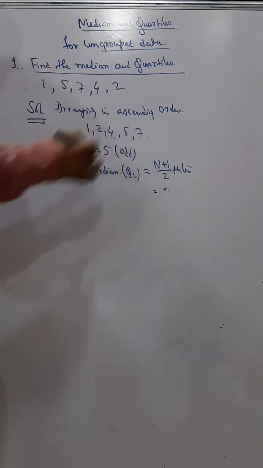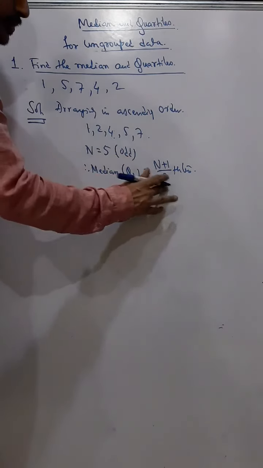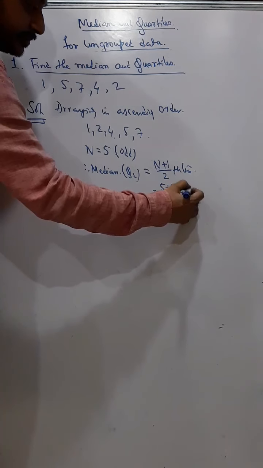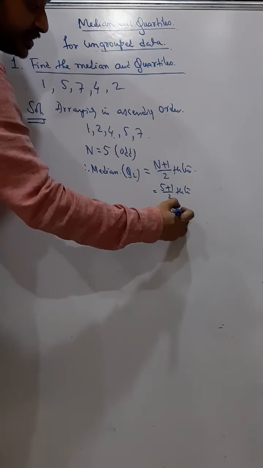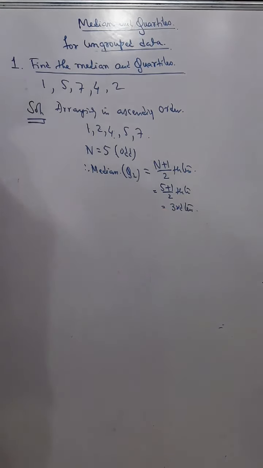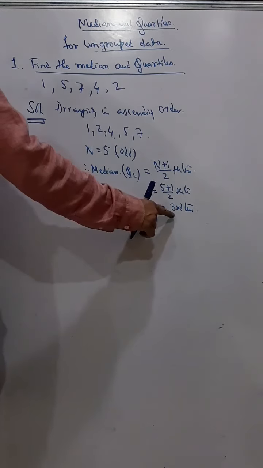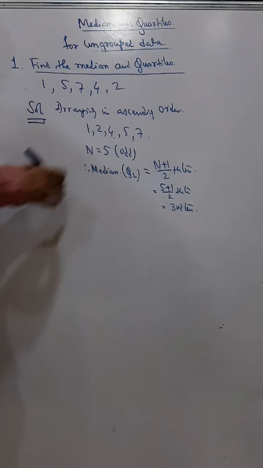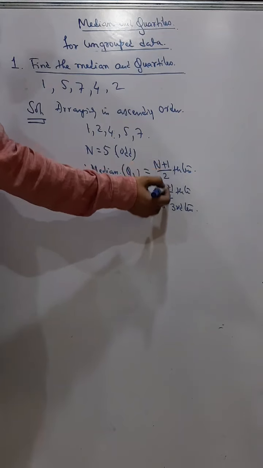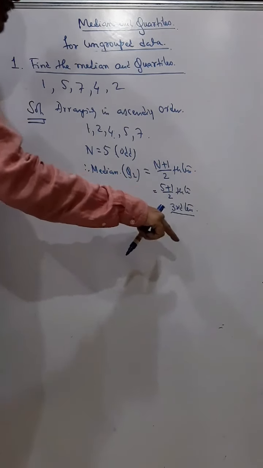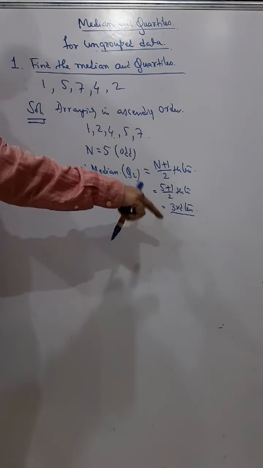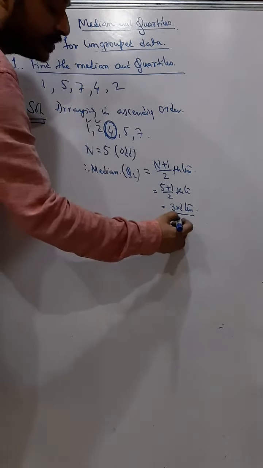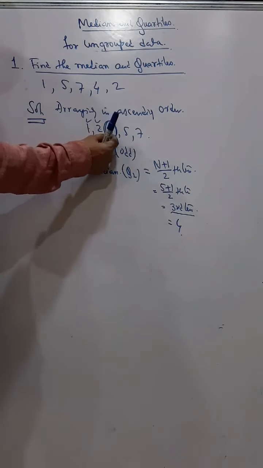So we get (5 plus 1) by 2th term, that is 6 by 2, which is the third term. The third term is 4. Understand, median is simply the mid value.